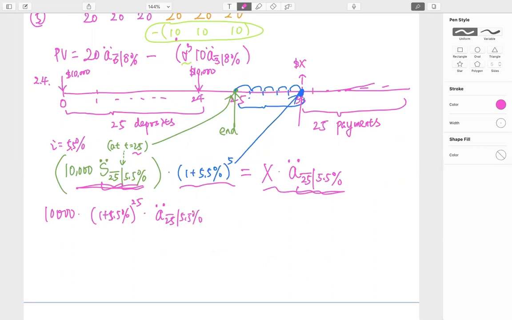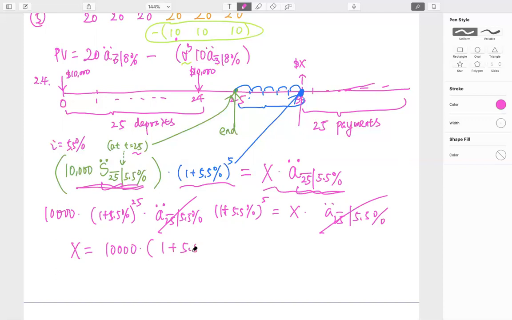Okay, so here let's keep this. So once you notice this, cross them out, right? It saves you so much time. So what is x? That's everything.